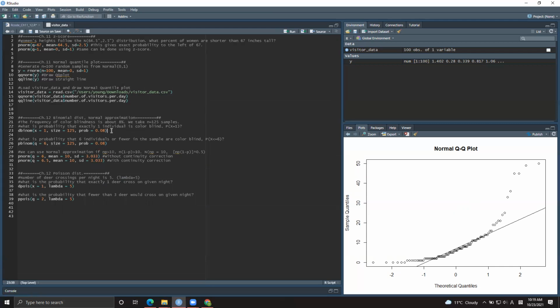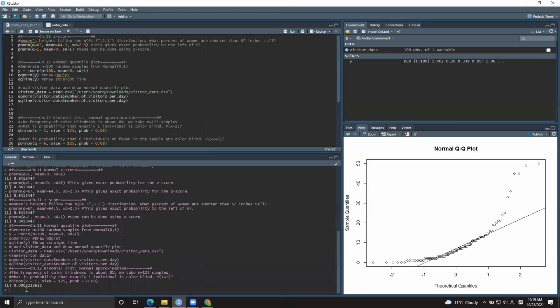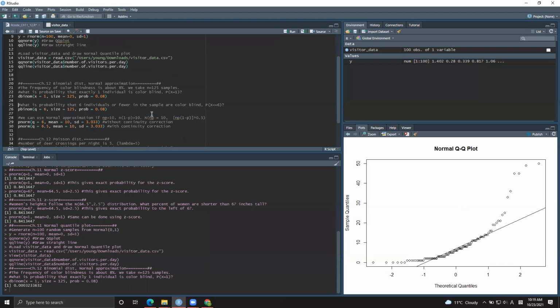If you run this line, it'll give you 0.0003, which means there's a 0.03% chance of you getting exactly one colorblind person if you sample 125 from the population. So it's a very low probability.